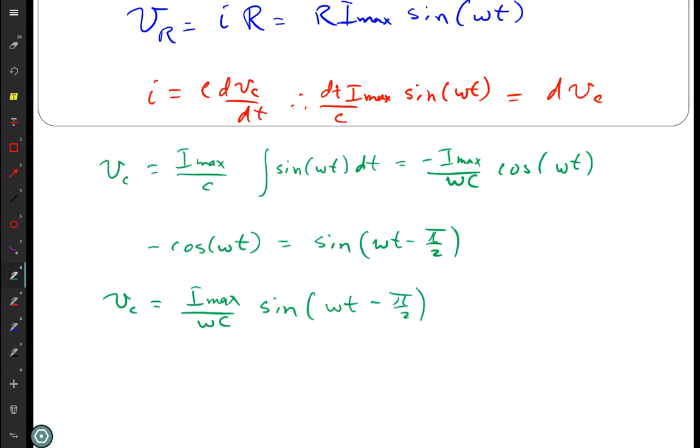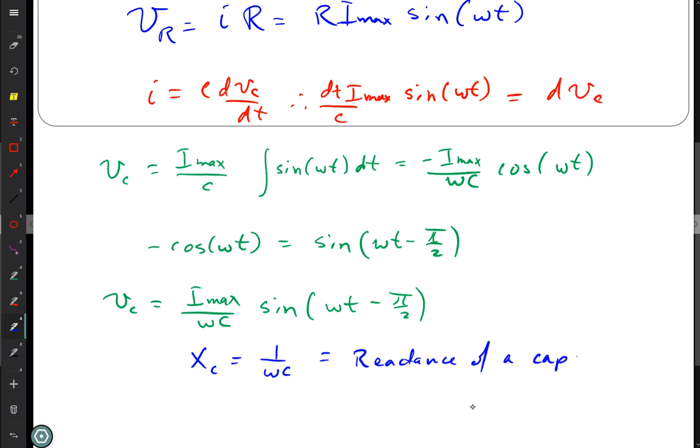How does this look like Ohm's law? It's proportional to current. That looks like Ohm's law. And so we define, I almost wrote R, X sub c is equal to 1 over omega C is what we call the reactance of a capacitor. Now in class yesterday, between Carrie and me, we talked about the reactance very briefly.